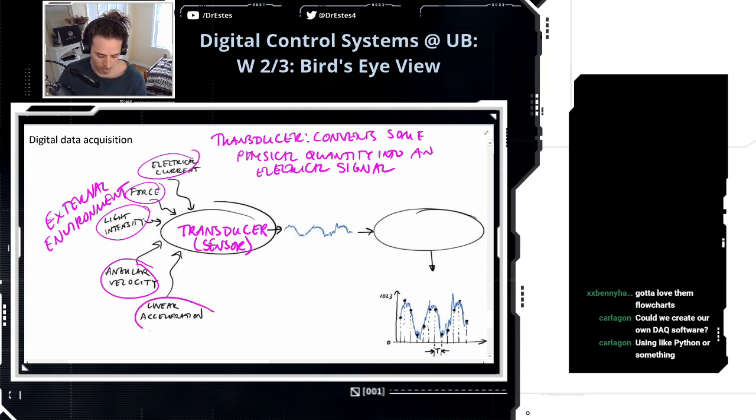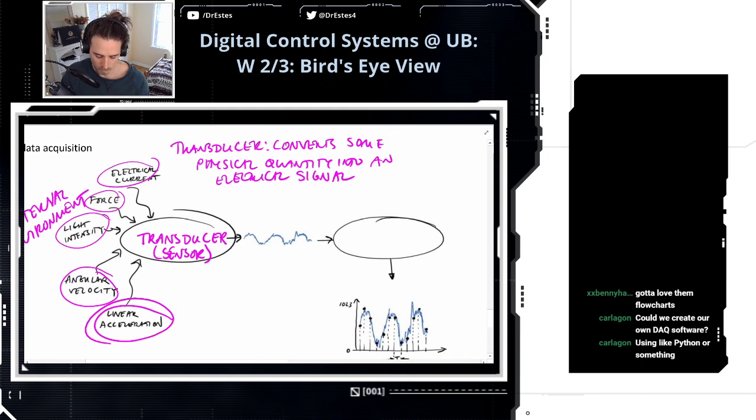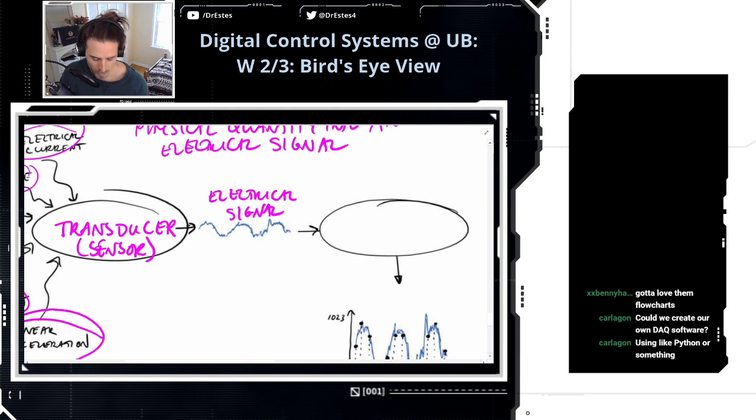And this accelerometer that I'm showing you reacts to linear acceleration. As I wave it around and it accelerates, it mechanically reacts, and then it converts that into an electrical response. So an electrical signal is going to come off of our accelerometer. And maybe it's like a sinusoidal pattern or something like this.